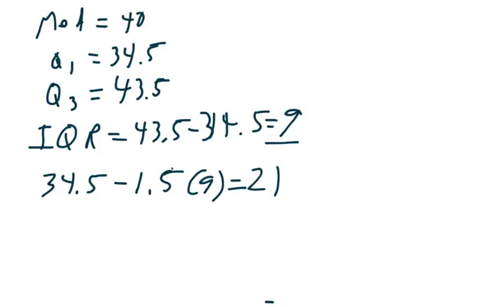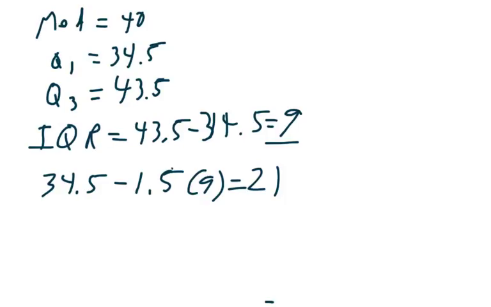So anyone who gets lower than 21 will be considered an outlier.